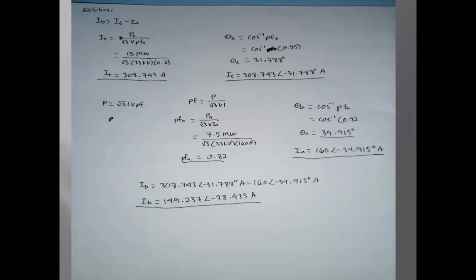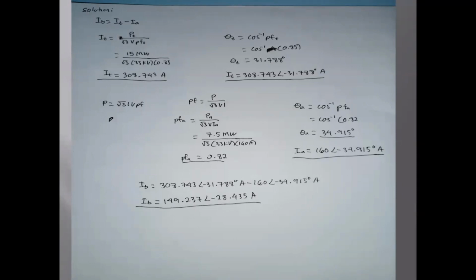So the formula is IT is equal to P over square root of 3 times V times PF. So the total current is IT equals PT over square root of 3 times V times PF total. The total P is 12 megawatts, where megawatt is million, over square root of 3 times 33 kV, where kV is thousands, times 0.85 power factor.